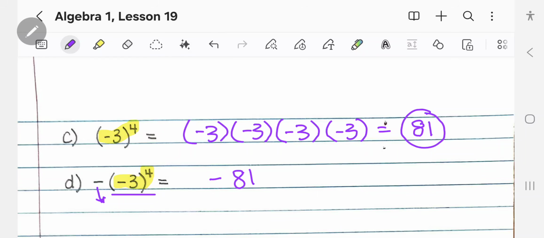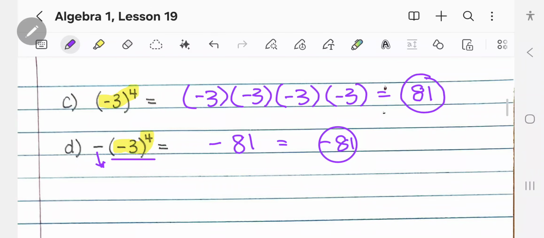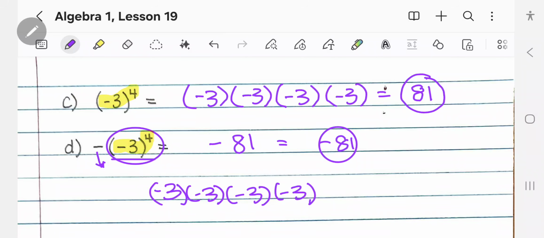So the answer here is the opposite of 81, which is negative 81. So if you hadn't already worked that out, you would do this first, and you would say negative 3 times negative 3 times negative 3 times negative 3, but then I want the opposite of that answer. So our answer would be negative 81.